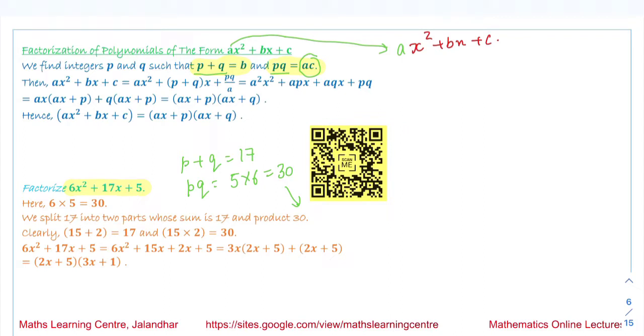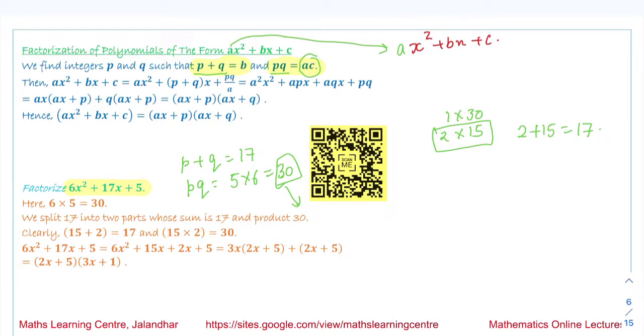Earlier p into q was the constant term, now p into q is a into c, that is 30. So we start factorizing. We look at the factors of 30: 1 into 30, 2 into 15, and we know 2 plus 15 is equal to 17.